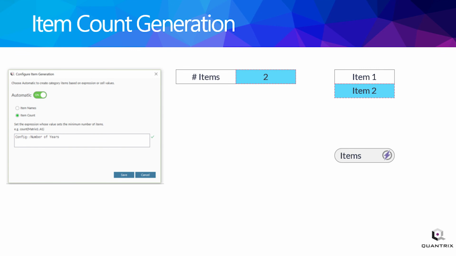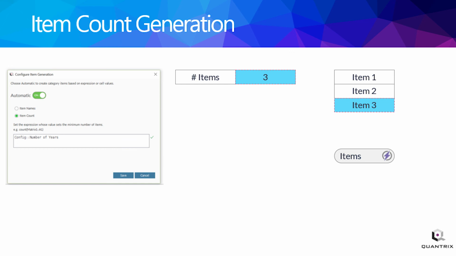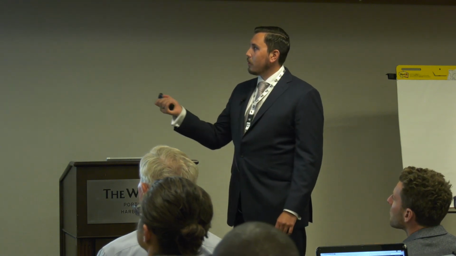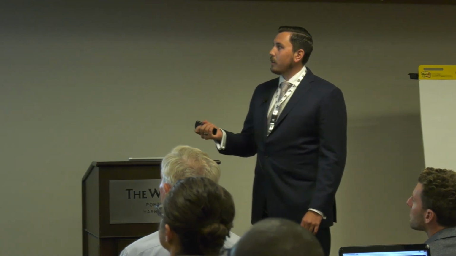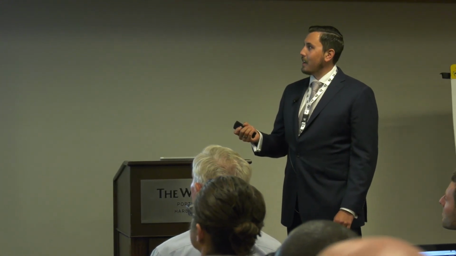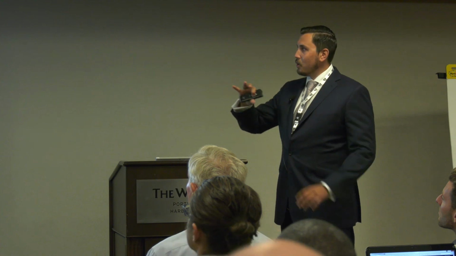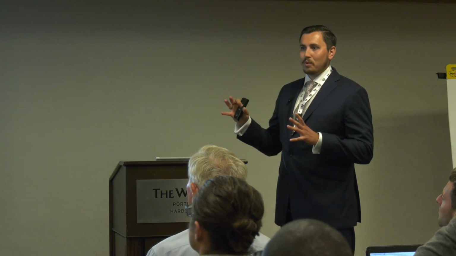If I change it to 3, I want it to add another item in it. And so this way, I can dynamically size my category. So let's see a use case of this in action. Here you go. I go in, I add a year. I go in, I add another year. So in a very simple way to configure this, you can immediately scale up your model using dynamic user input.